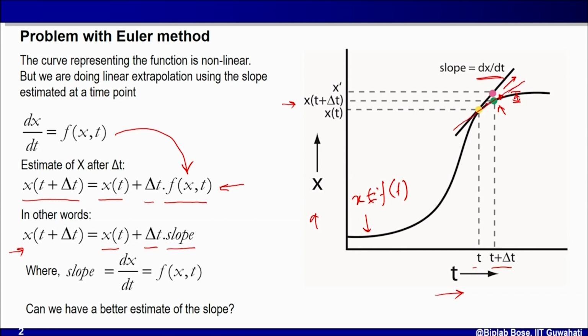If I follow this line, most probably I will reach the right value at the green point. So in this module, we will study an algorithm which replaces this estimate of slope by a better estimate of slope, or rather an average estimate of slope, which is much better in extrapolation and getting the new value of x at time t plus delta t.